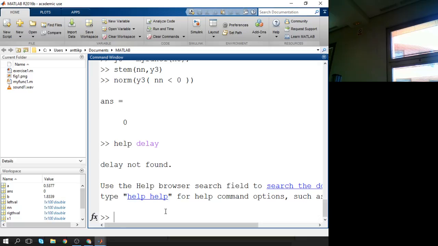So the implementation of delay would be filter with parameters. You have zeros, as many as needed. So you basically have n zeros for an nth order delay, and then the last parameter 1, then another one here just for fun, and then you have the input signal. So this is how you do a delay in MATLAB.